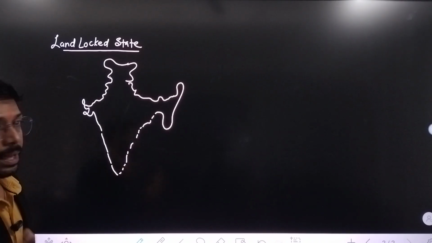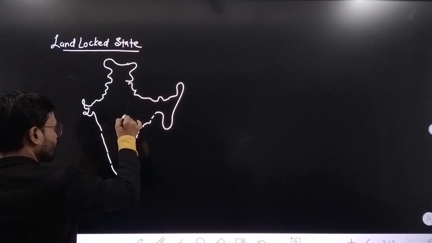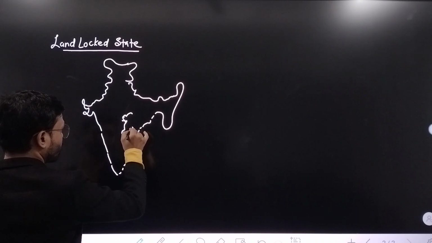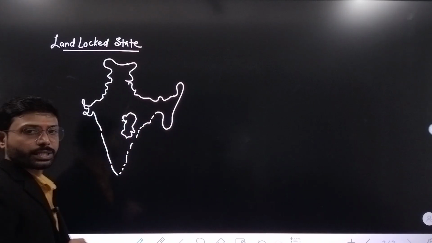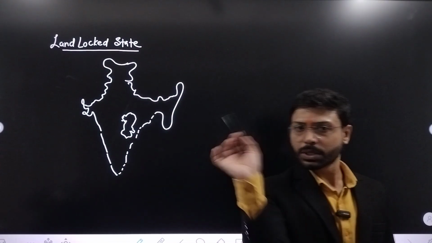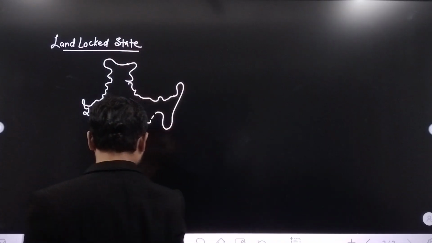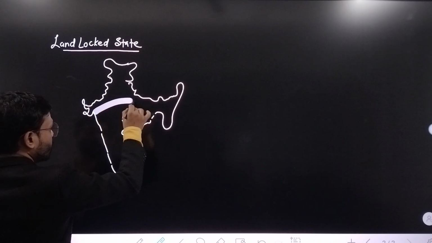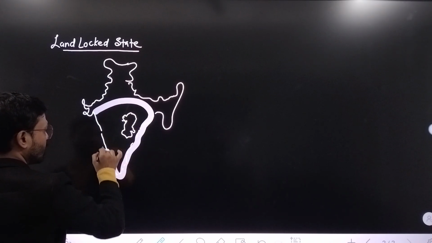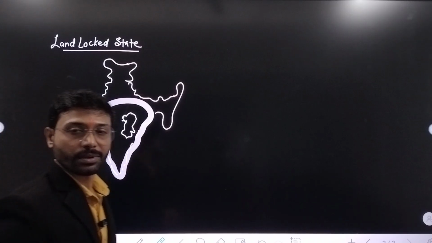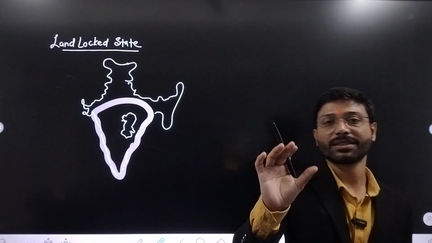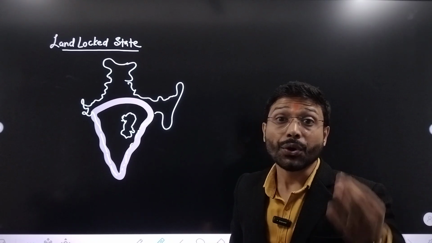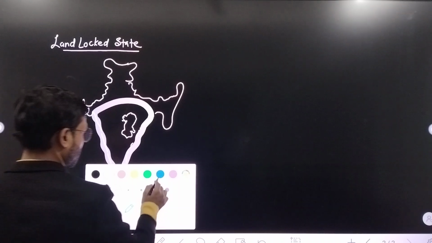Now draw our state Chhattisgarh. Somewhere here, look at our state Chhattisgarh. Observe here that Chhattisgarh is within the boundary of India itself, and is not sharing its boundary with another country, nor even with any ocean.